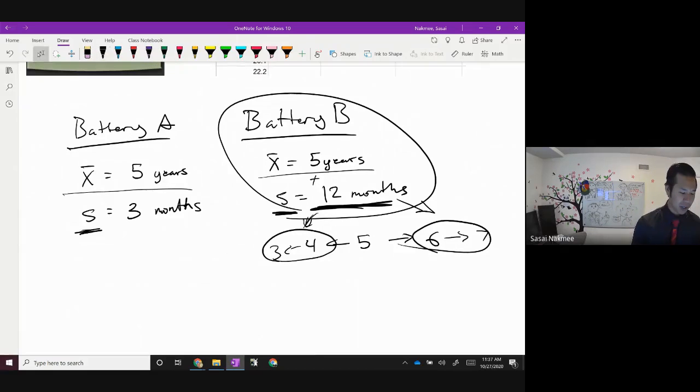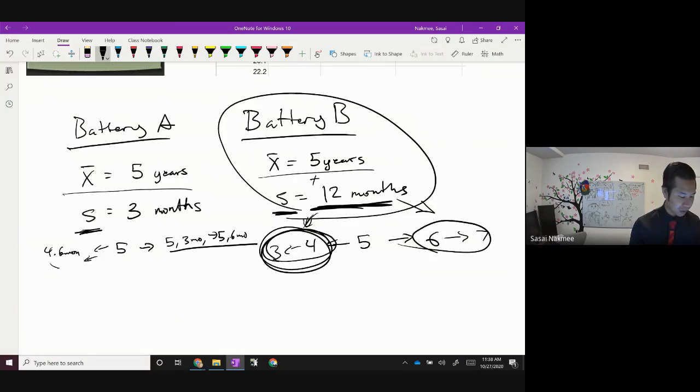Whereas if you pick option A, it's 5 years here. If you only go this way, it only goes 5 years and 3 months, or 5 years and 6 months, which doesn't sound great on the higher end, but it's really good for the lower end, because the lowest it can go really is about 4 years and 6 months, if you go 2 standard deviations below, whereas this one you could lose all the way down to 3 years.